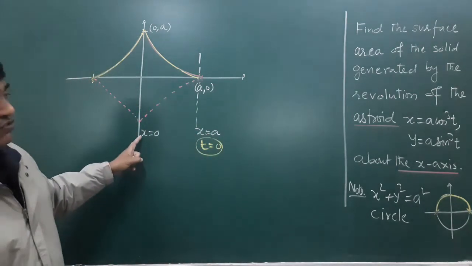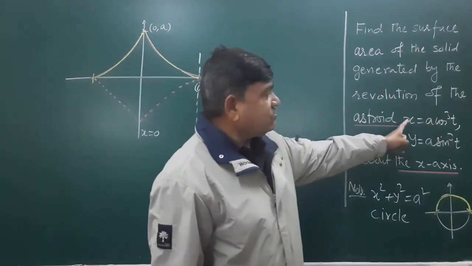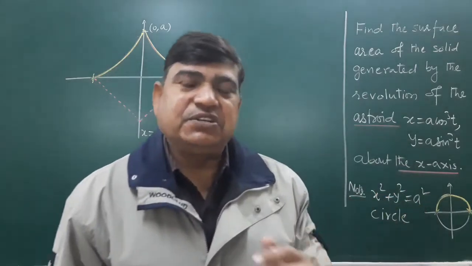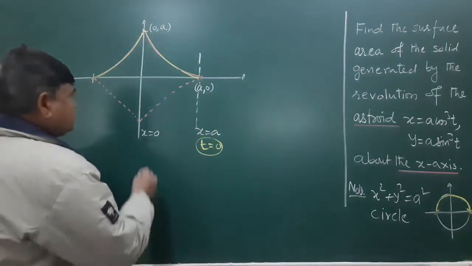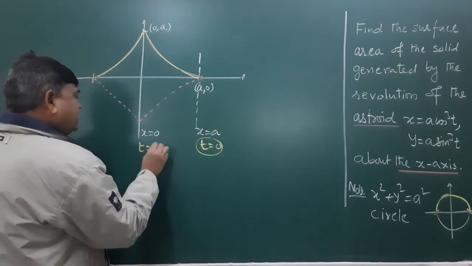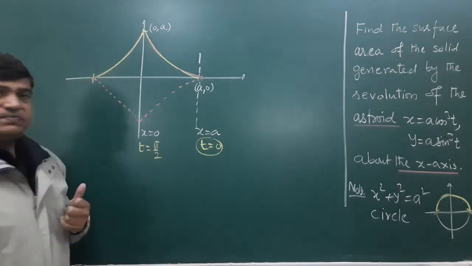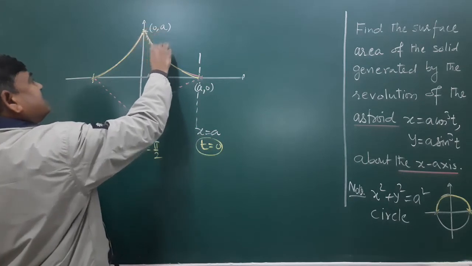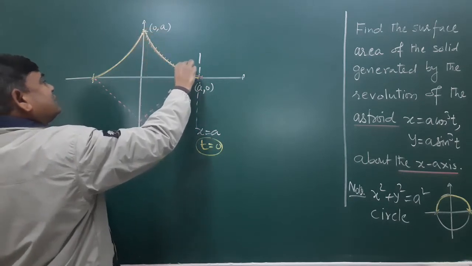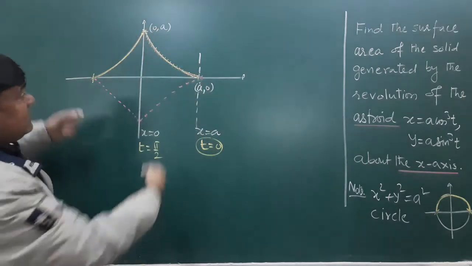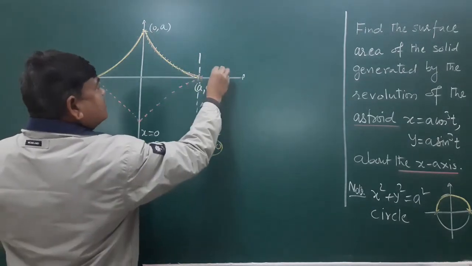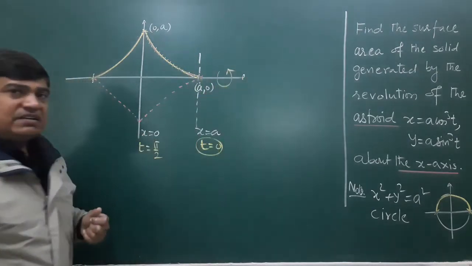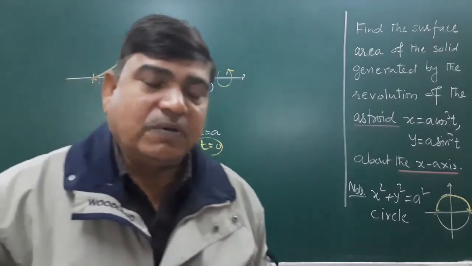At this part x equals 0. When you put x equals 0, then the value of cos is 0 when it is pi by 2. So t equals pi by 2. So I consider this arc, this one. When it is rotated about the x-axis, then the surface is obtained.